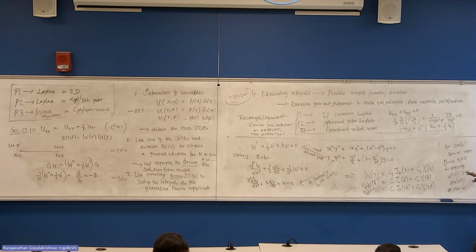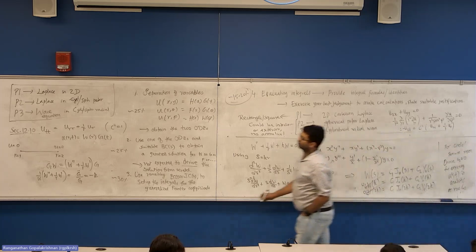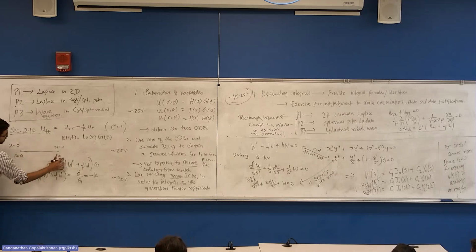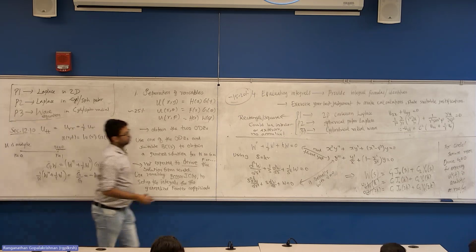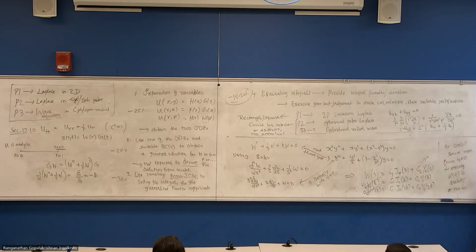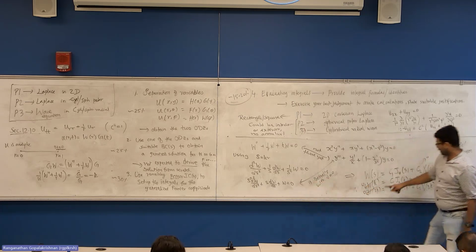I don't want to get into this because I haven't fully thought it through. But let's say if you have a circular domain, like in the exam, U is analytic, and here we say U is 0 because it's a wave equation. You are holding one end fixed. You would make this argument to make C2 go away. So just get up to here and then jump to this step.